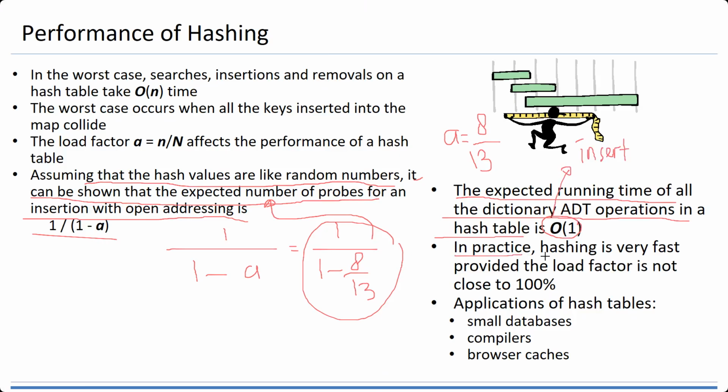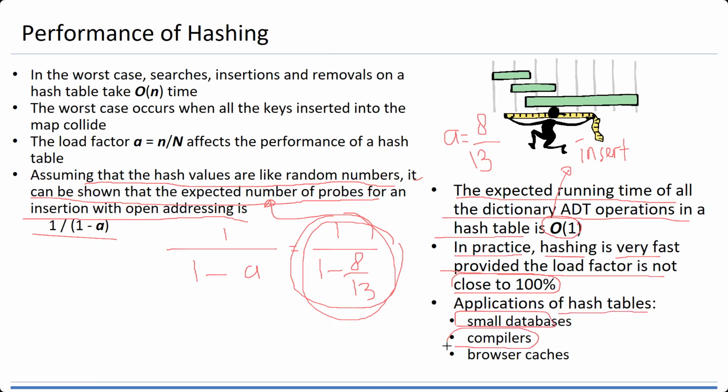In practice, hashing is very fast, provided the load factor is not close to 100%. So if you look at this one, the performance will be very good. Unfortunately, this one is applicable when you deal with a small database. Small database means, yeah, if you deal with small data, it is okay. But if your data is very big, yeah, this is not okay.